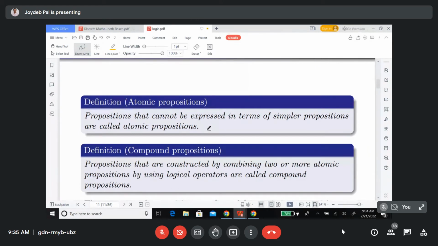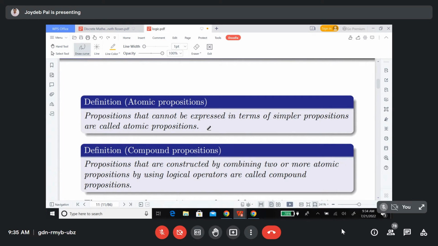But ये डेफिनेशन बहुत ही सिंपल है. एक है कि जिसको तोड़ा जा सकता है, एक है जिसको तोड़ा नहीं जा सकता. अगर तोड़ा नहीं जा सकता मतलब एटॉमिक, अगर तोड़ा जा सकता है मतलब compound. Yeah, if you can see that whether it is a combination of two or more propositions, then it is compound.